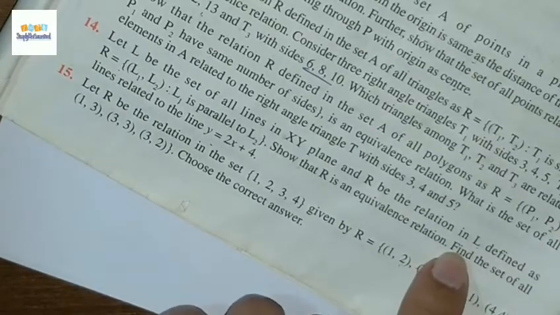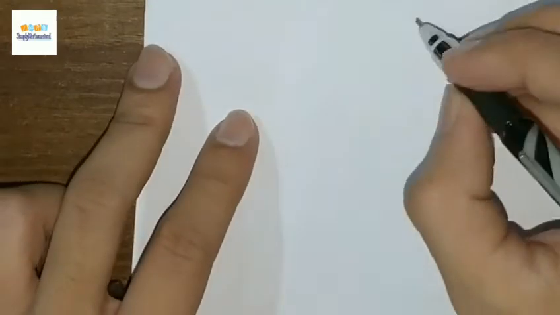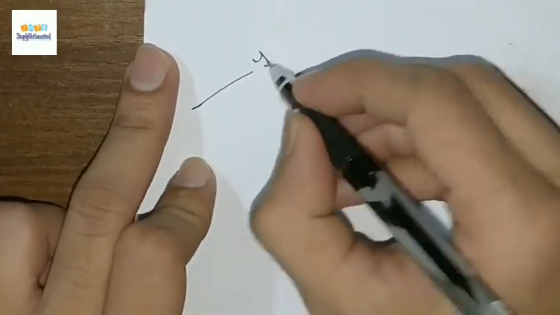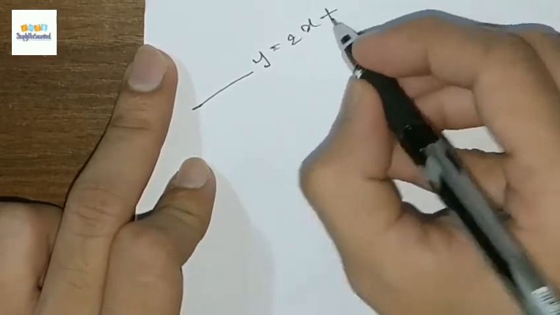Now let us go to the second part of the problem 14. Find the set of all lines related to the line y equal to 2x plus 4.